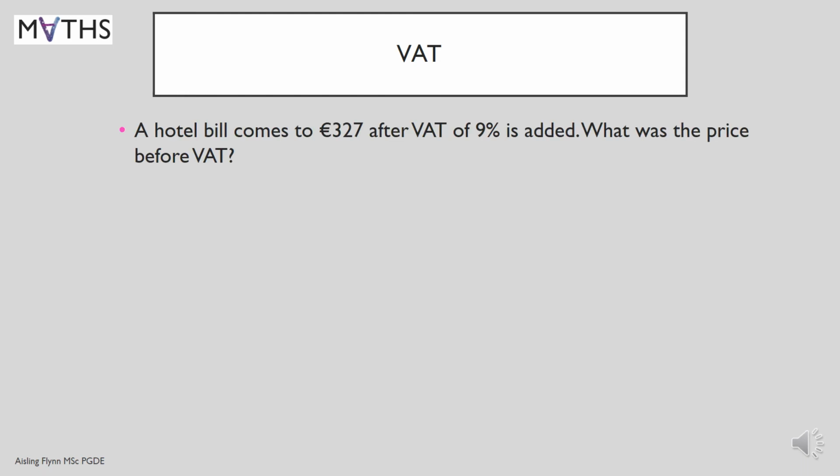A hotel bill comes to €327 after VAT of 9% is added. What was the price before VAT? Okay, so we said before that after VAT you're at more than 100%. So €327 represents 109%. That comes from the 100% before plus the 9% VAT, which gives you 109%.